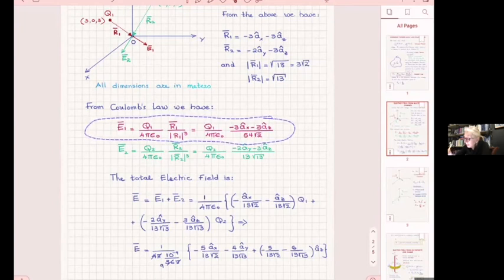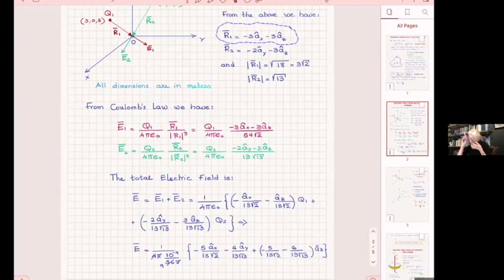And R1 is here. How did I calculate R1 as a vector? What did I do? Can somebody describe to me? I know the point at Q1 and I know O. So how did I find vector R1? The difference between the origin and this point.